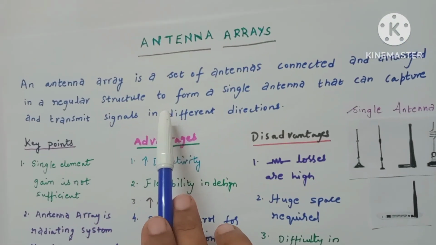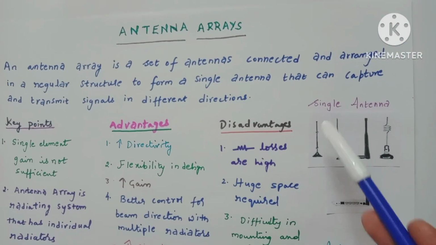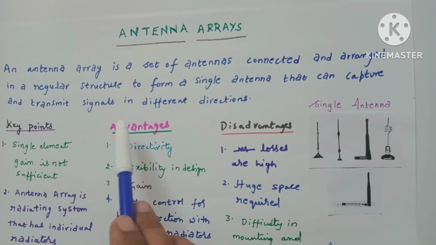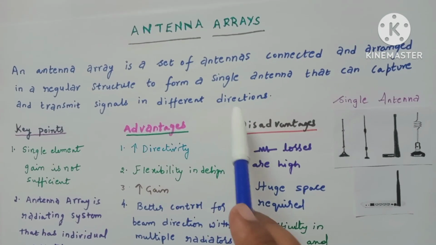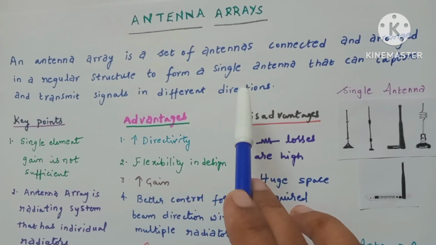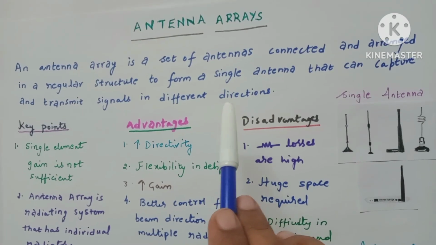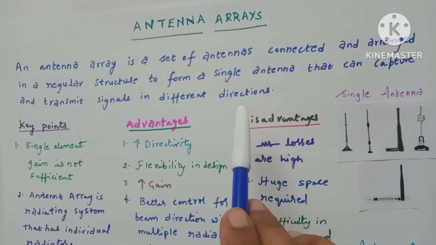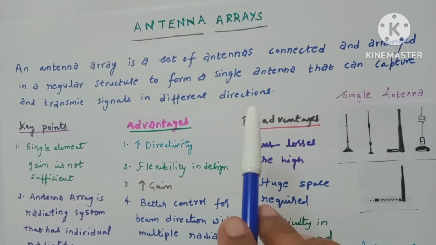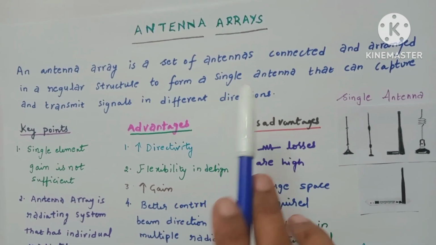The regular structure forms a single antenna, capable of transmitting or receiving signals from different directions. This is the basic definition of an antenna array. In a single sentence, it is a group of antennas that operates like a single antenna.